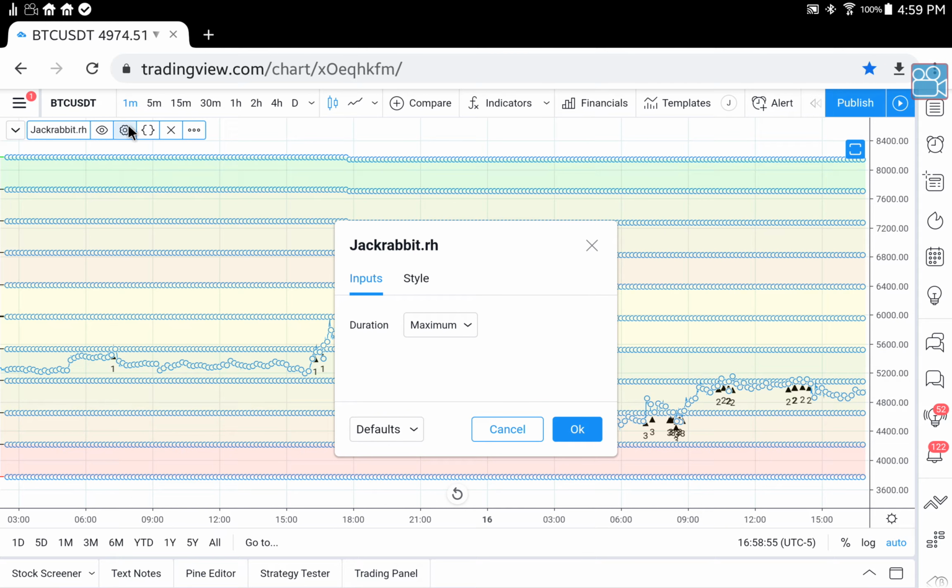Now the Range Hunter is really a very conservative, long-term holding algorithm. Unlike other components in Jackrabbit, this is not meant for quick profits. It's meant for long-term analysis.